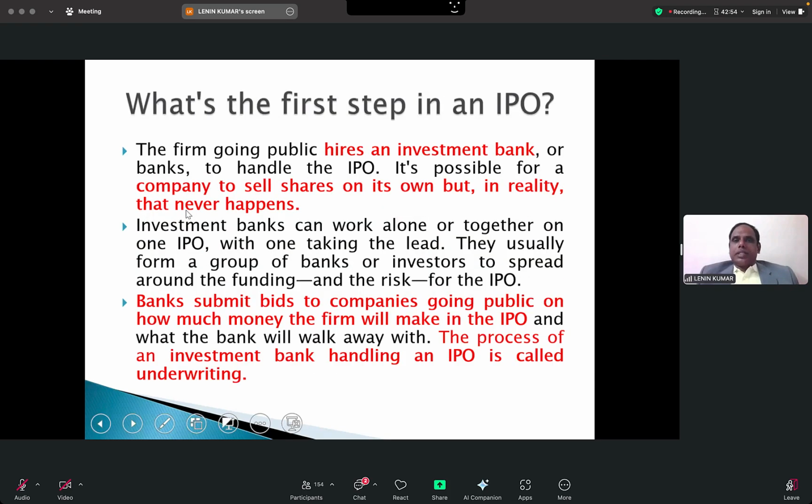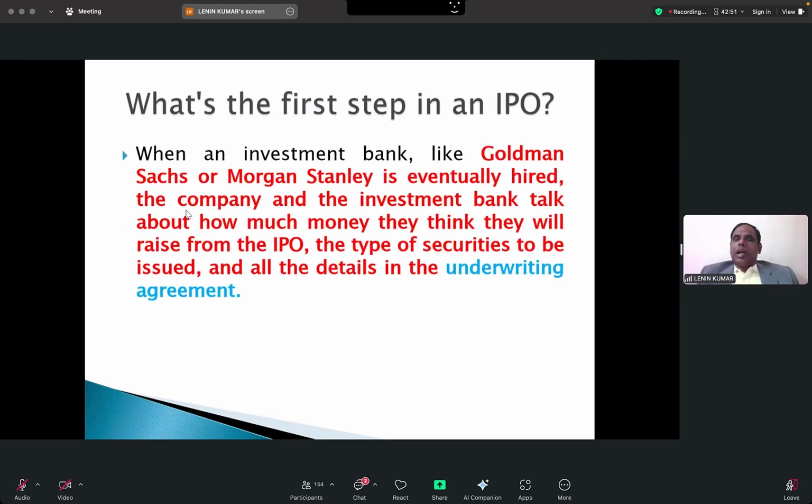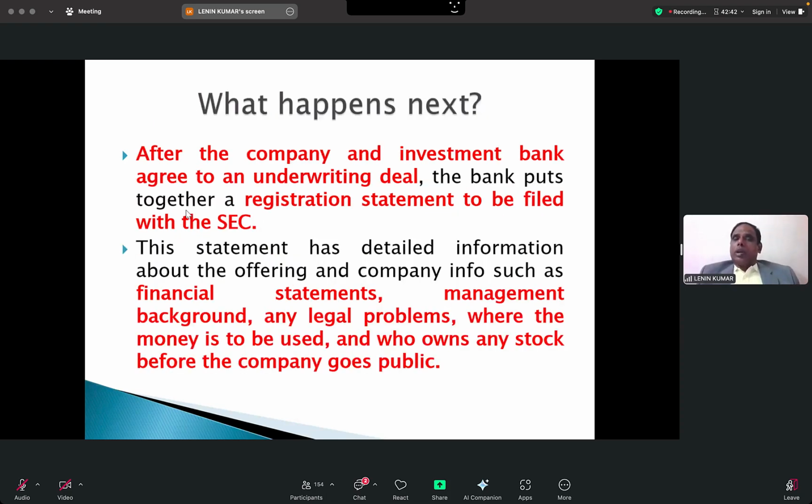After that, you enter into an underwriting agreement, mentioning how much money NBD is going to raise and what the different securities are. Financial statements must be submitted to the SEC, along with whether there are any legal issues with the company, the management background, where the money is going to be used, and who owns any stock previously. Every detail must be given.